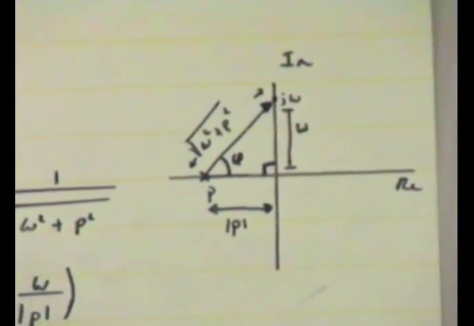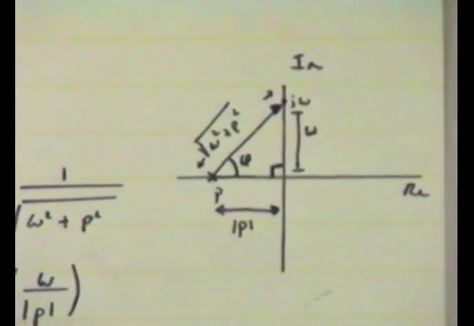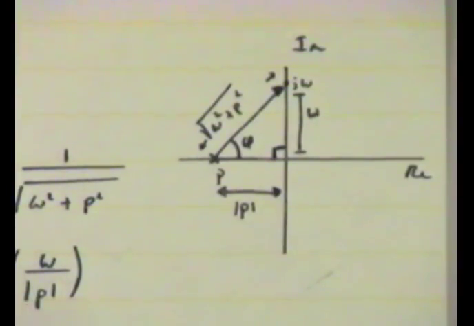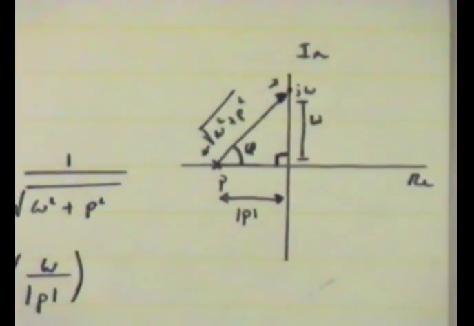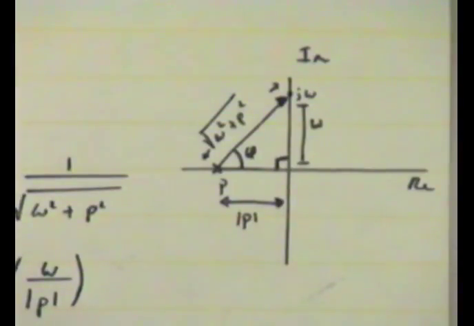I'm sorry about that. So this angle here is simply the inverse tangent of this ratio, omega over absolute p, correct? And remember, we have a pole here, so we have to keep this minus sign when we're dealing with the phase of the transfer function. And so the phase is given by the negative of this inverse tangent.